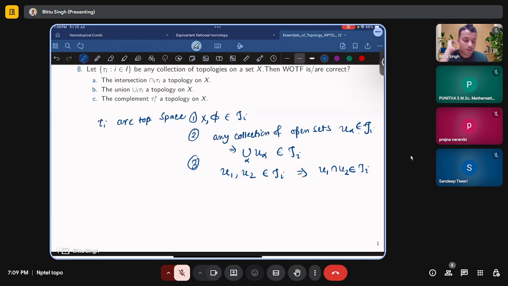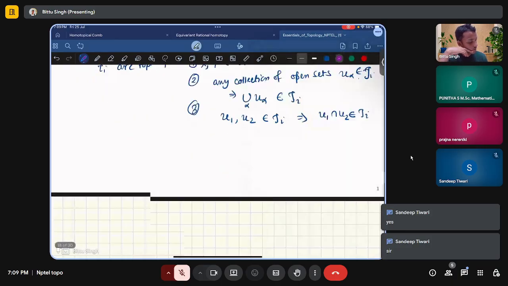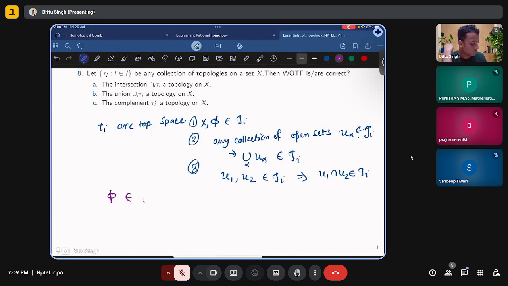Now the question is, what about their intersection? Will their intersection satisfy those properties? So you are saying yes. Let us see. So first, the empty set belongs to the intersection of tau I. This is clear, right?